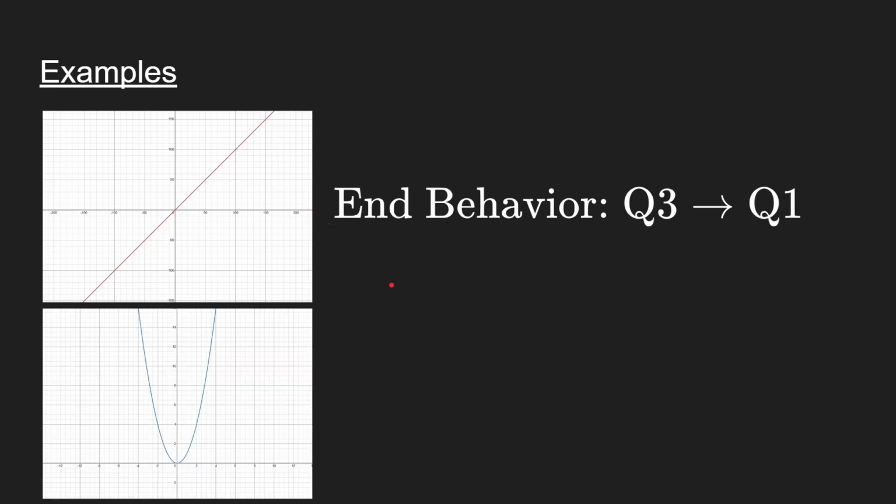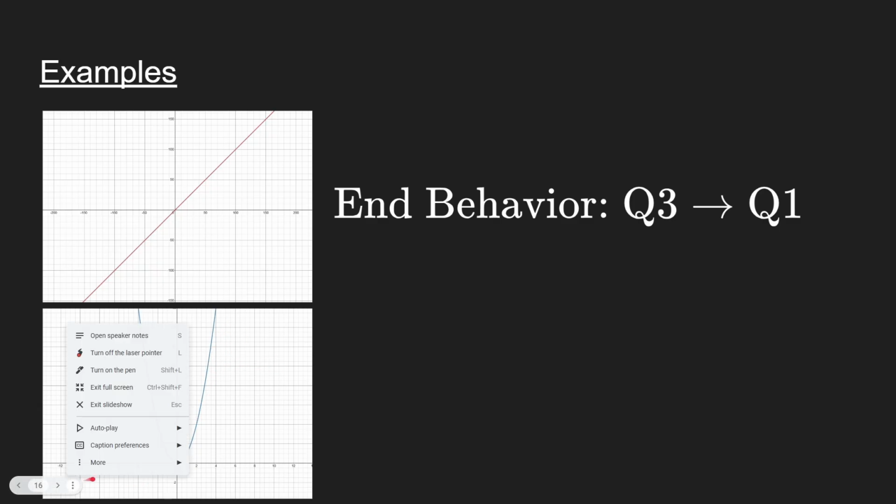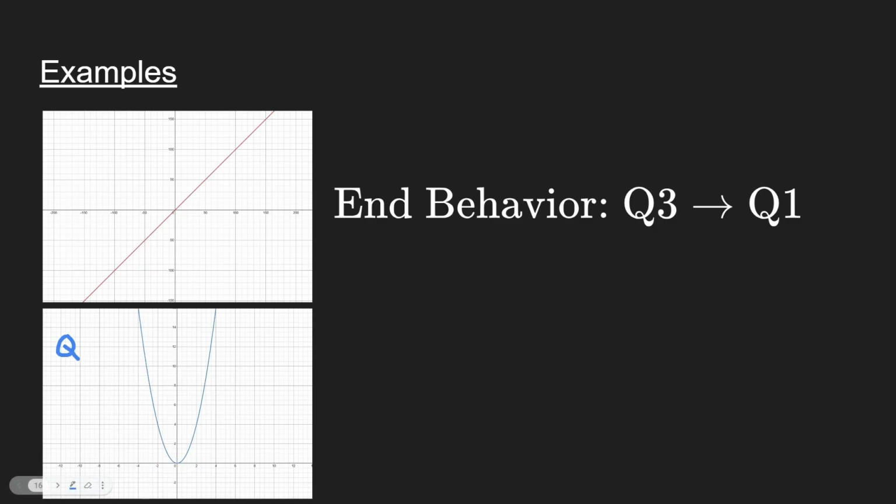Perfect. Let's move on. We're given this quadratic here, and it looks like as we go from left to right, so as we go from negative infinity, it's going up all the way to quadrant 2, and as it approaches positive infinity, it goes all the way up to quadrant 1. So let me write that in here: quadrant 2 to quadrant 1.